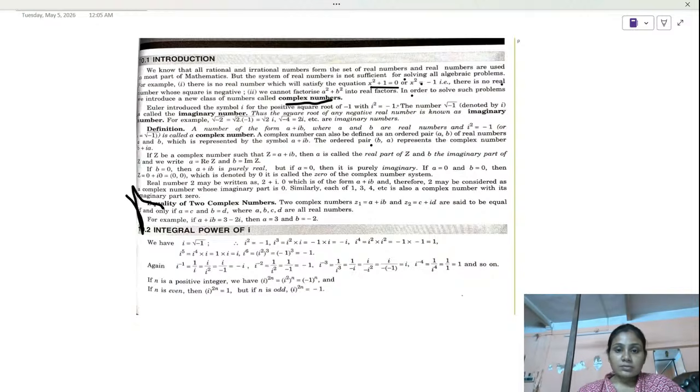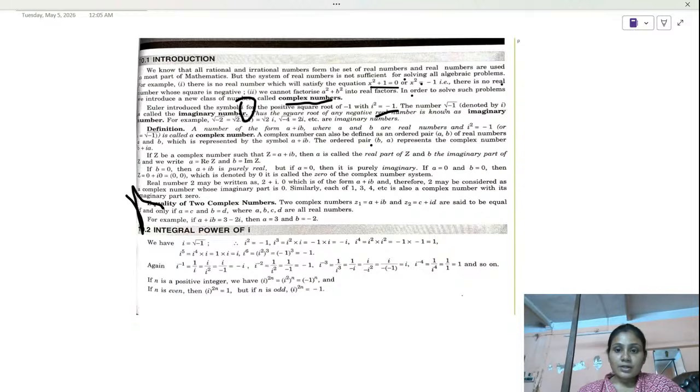Now, there is one symbol, that is iota, i. The value of iota is square root of minus 1. So iota square is minus 1.